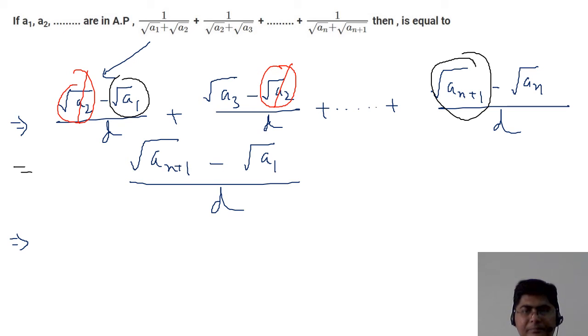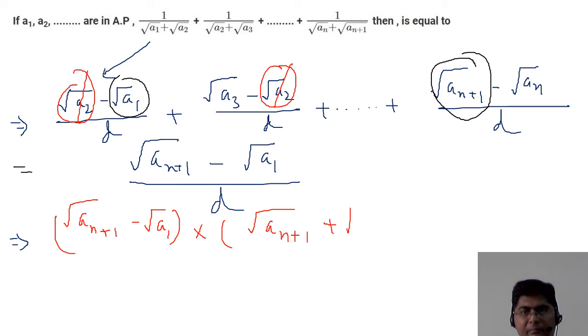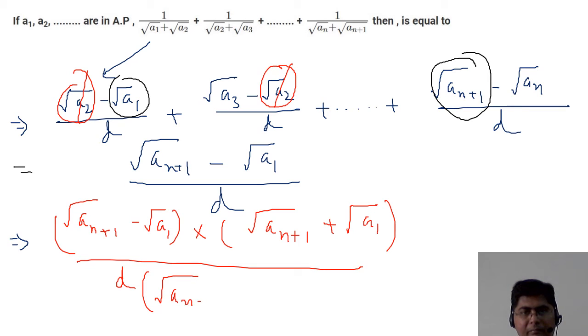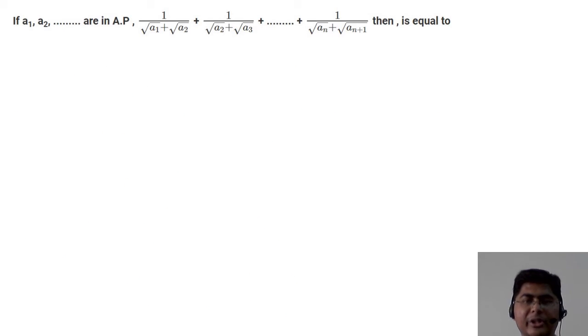We are just multiplying root over a n plus 1 minus root over a1, then multiplying by the conjugate. Here, what have we got? A minus b, and this is a plus b.